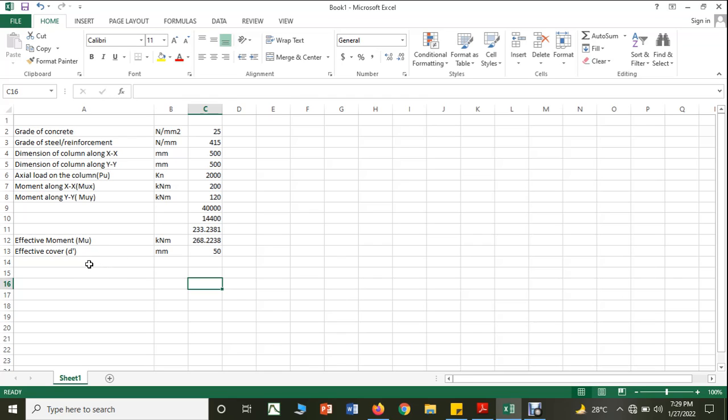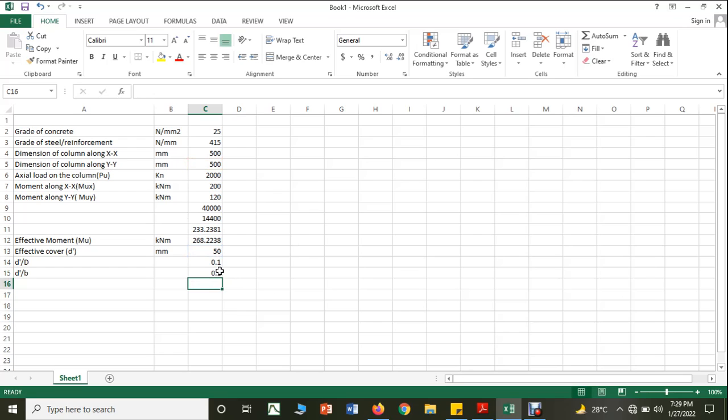Therefore I can find d dash by capital D, with no unit, equal to this divided by 500. Similarly, I can write d dash by b also, but both d dash by D and d dash by b will be the same, because I am taking a square column.